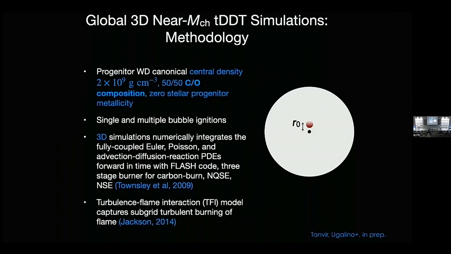In the 3D simulations, we solved the fully coupled equations that include all the physics that's important in this problem for hydrodynamics, for self-gravity, for the reaction, and that framework has been developed over many years. In addition, there's also a turbulent flame interaction model that captures the subgrid burning.